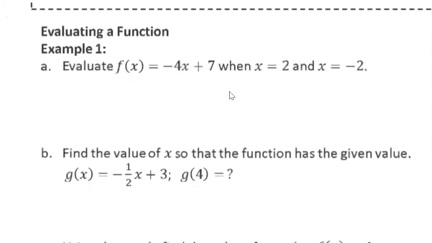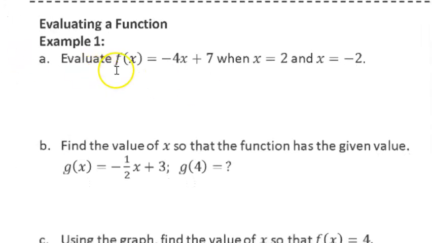Okay, so let's zoom in on this. So example 1a, it gives us this function. This is just instead of y equals, it says f of x equals this. Evaluate when x equals 2. So what we're going to do is we're going to do f of 2. All this tells us, this statement says 2 is my input into function f.